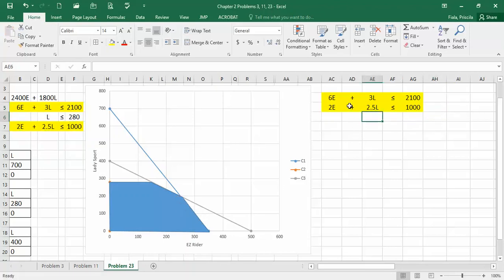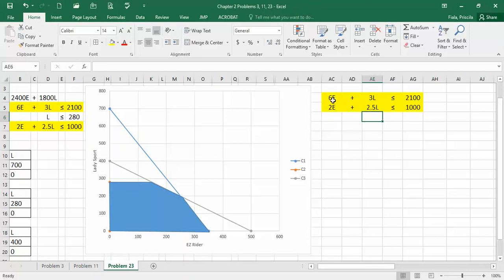Well, how can I simplify? There are several ways. You can isolate, for example, you can solve it for E and isolate the L on the right side, and here same thing. Or you can multiply one equation, and this is algebra, by a negative sign.